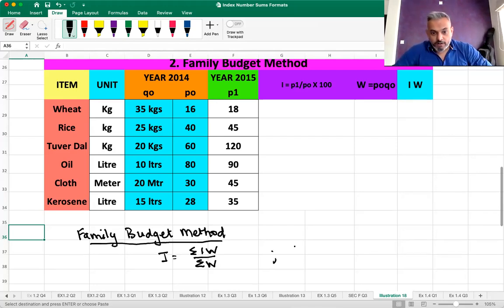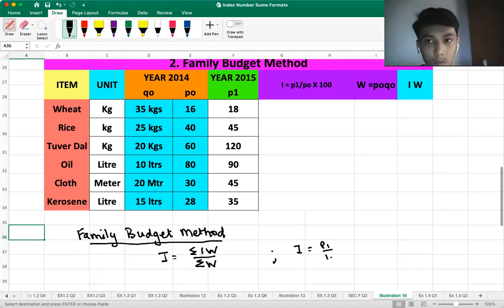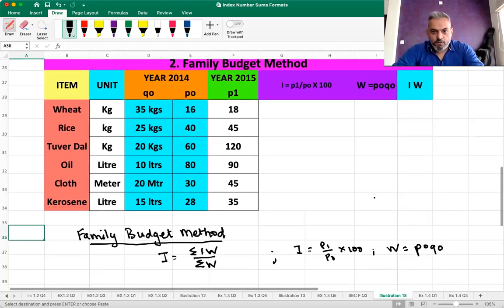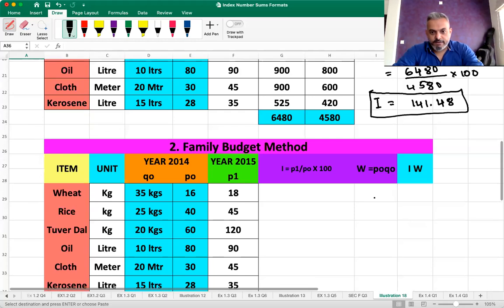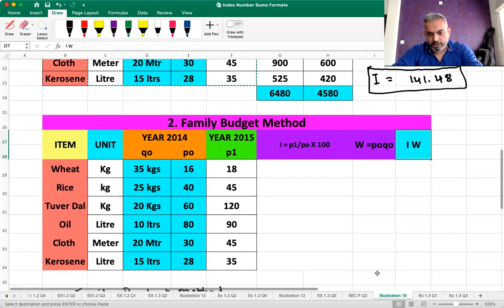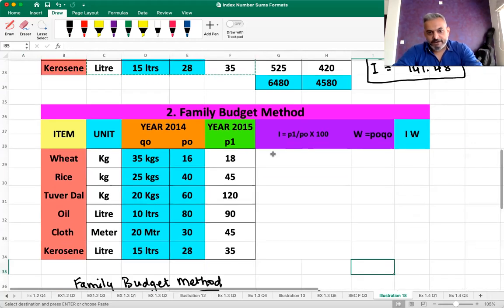So I is equal to P1 upon P0 into 100 and weight is equal to P0 Q0. So that is how we will do it. We find out I, which is P1 upon P0 into 100, then weight, then I into W, and total of W.